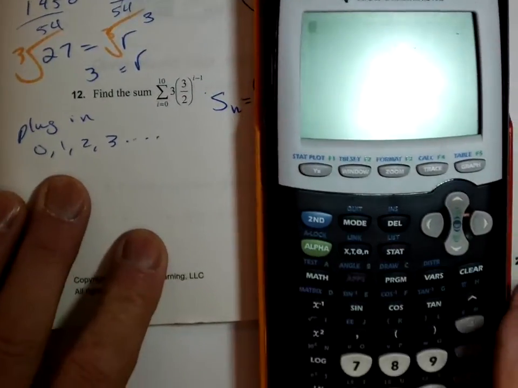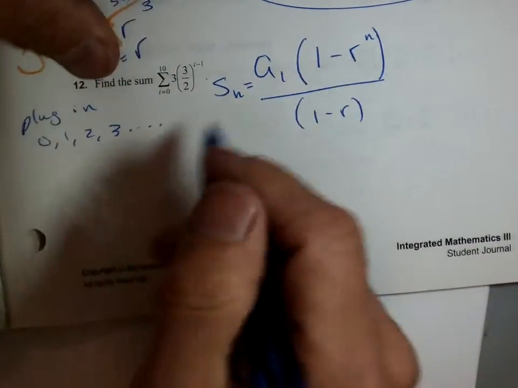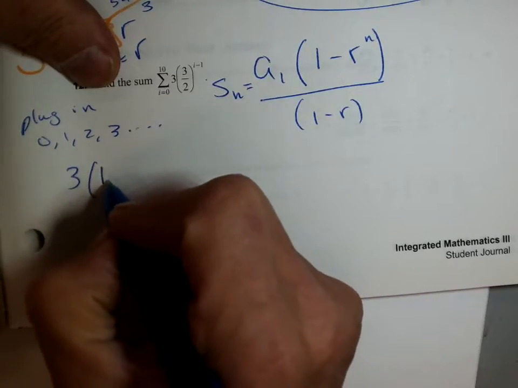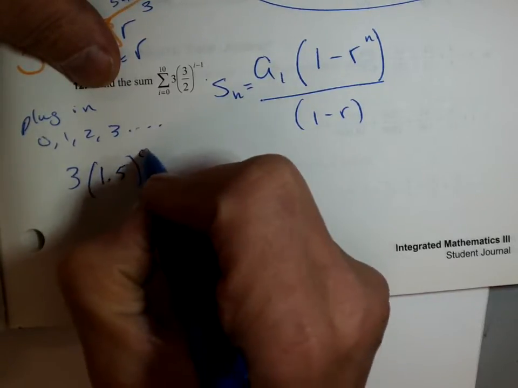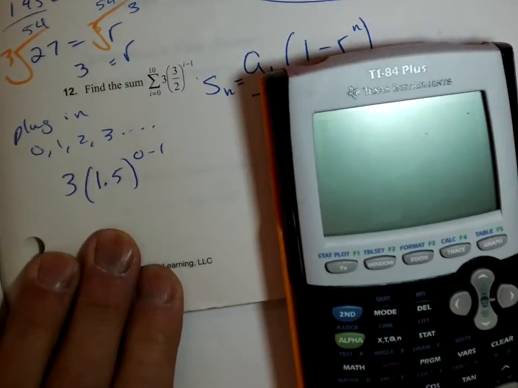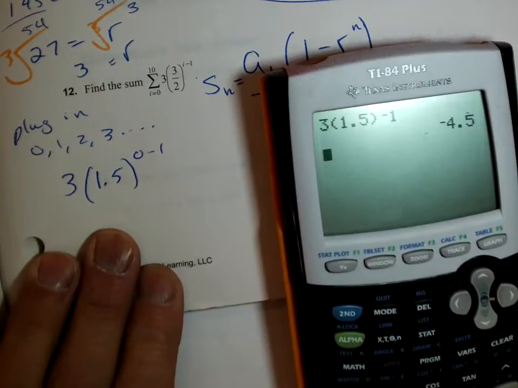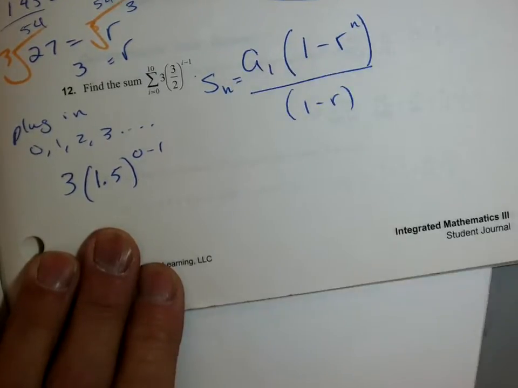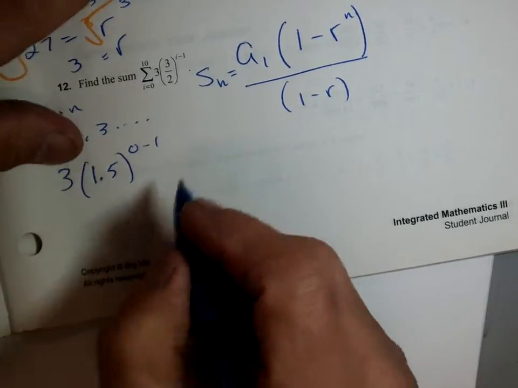Plug in 0: I'm going to go 3 times, let's make that 1.5, it might get easier, to the 0 minus 1 power. So 3 times 0.5 to the negative 1 power, and I get 2. So my first term, A1, is 2.